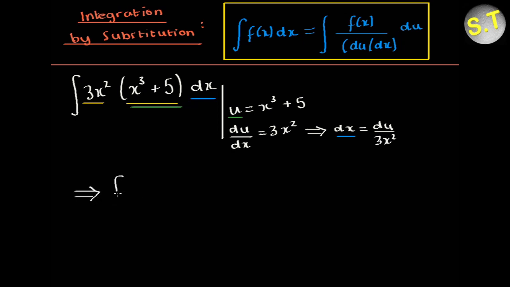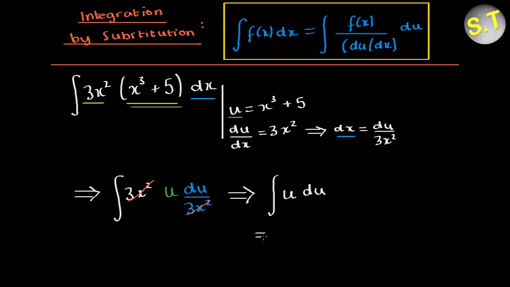So this expression becomes the integral, and 3x squared remains where it is, but now instead of the x cubed plus 5 we have u, and instead of dx we have du over 3x squared. And now very obviously these 3x squared values directly cancel each other out. So we're left with an integral in terms of our substituted value, u du.